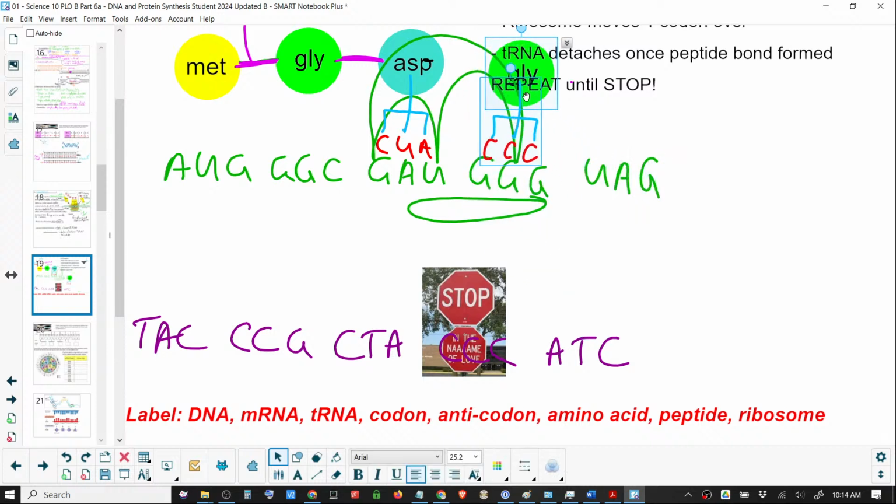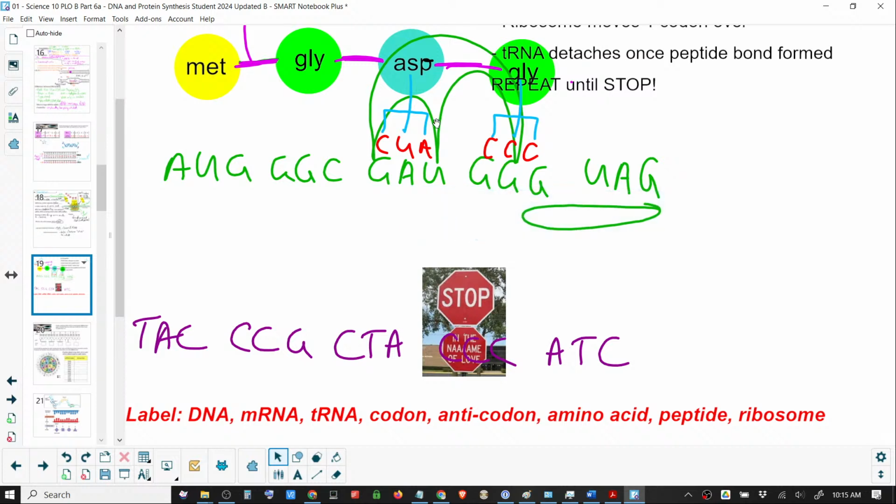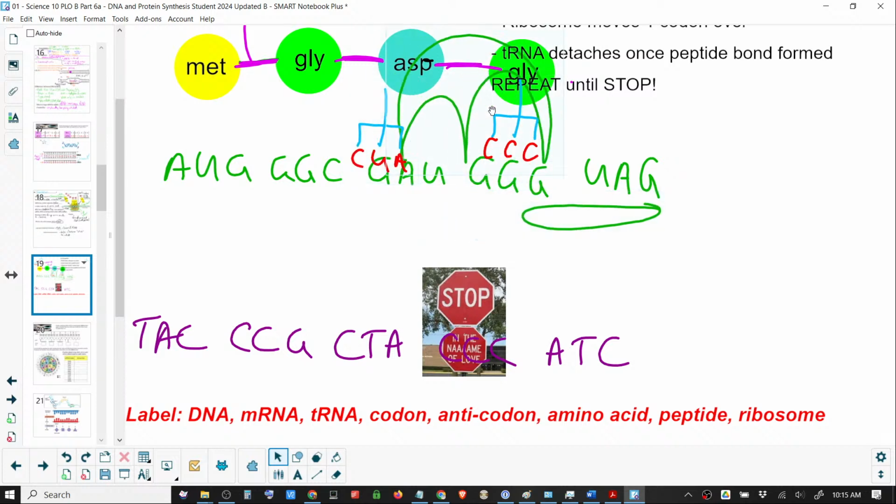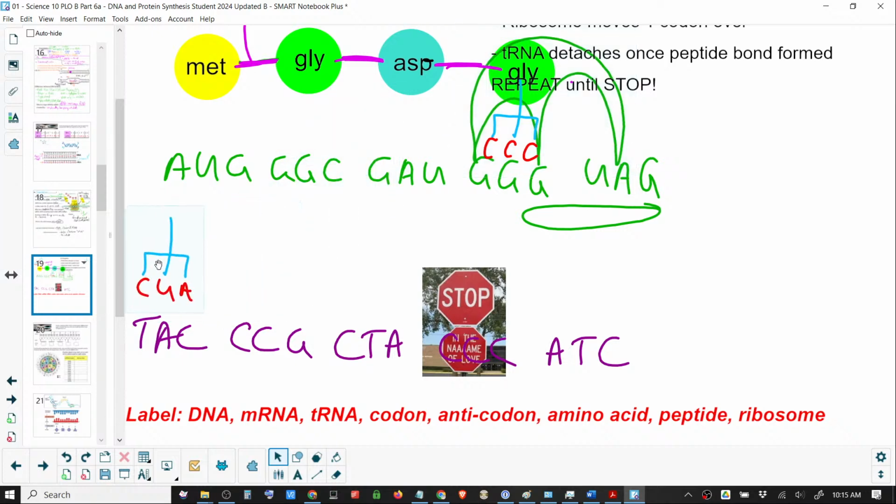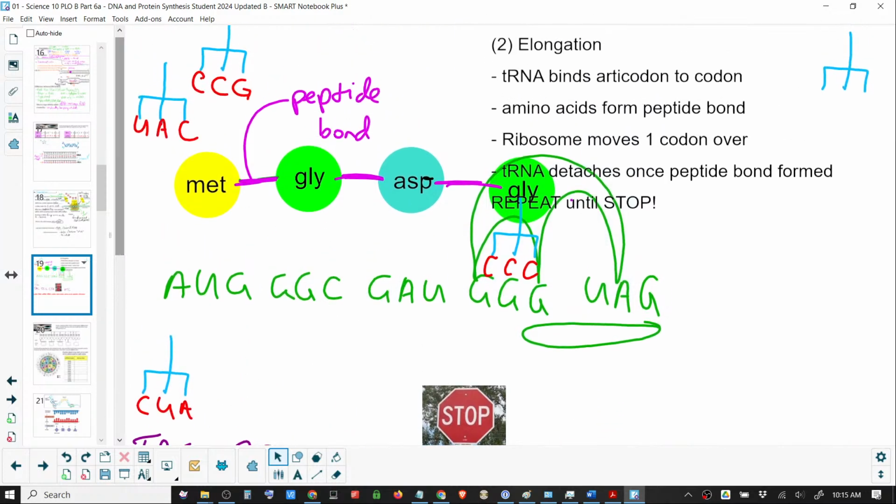Chunk, chunk. We would get the peptide bond forming, and this would move over. Chunk, chunk. Now this would fall away, and now we are almost at the end.